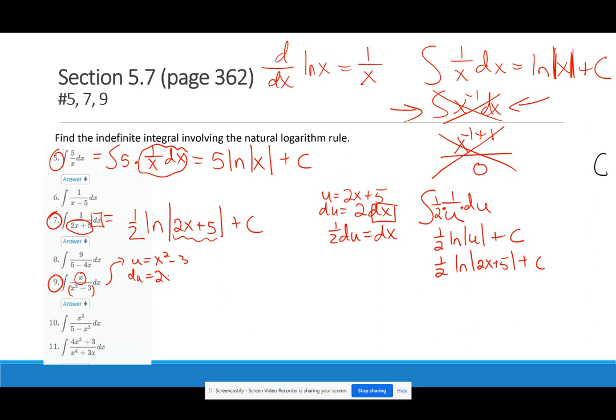Then du would be 2x dx. Okay, you see how in that original problem, there's my x times my dx right there. So I'm going to do the 1/2 on both sides to get that by itself. Then I can replace this with u. I can think of it as 1 over u, and the x dx I can replace with 1/2 du. So I'll put the 1/2 here and the du there.